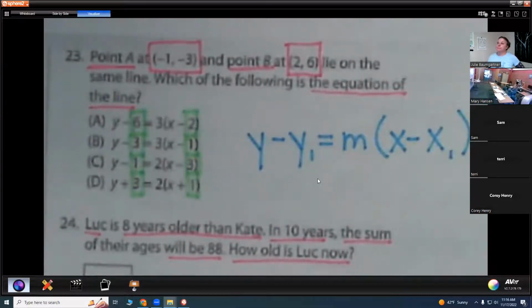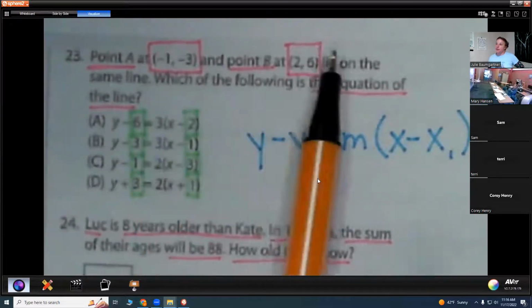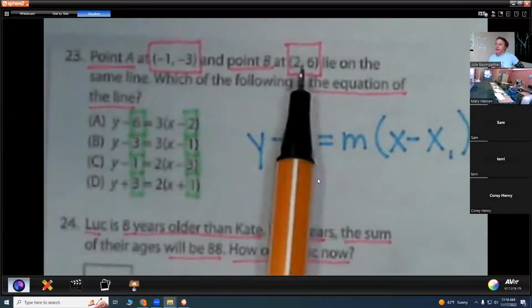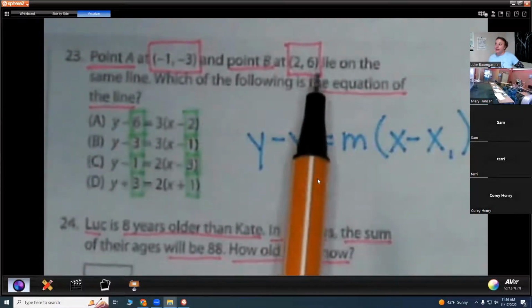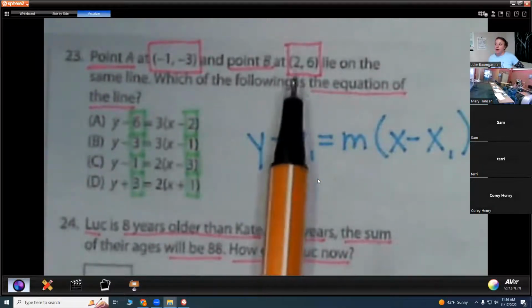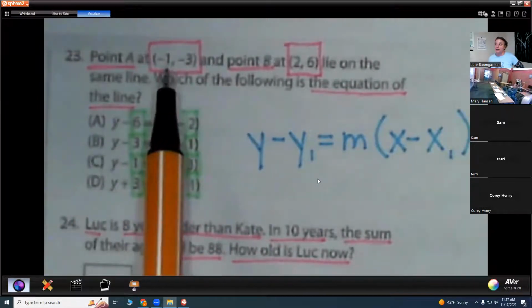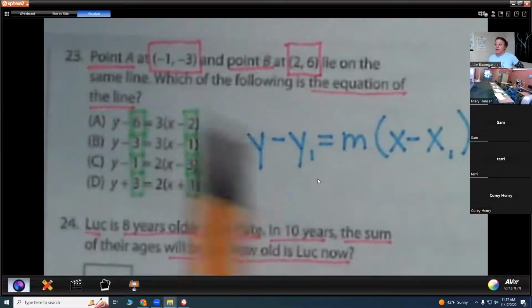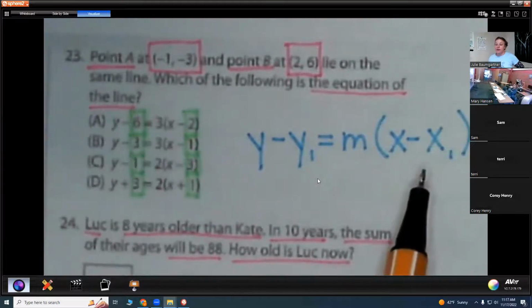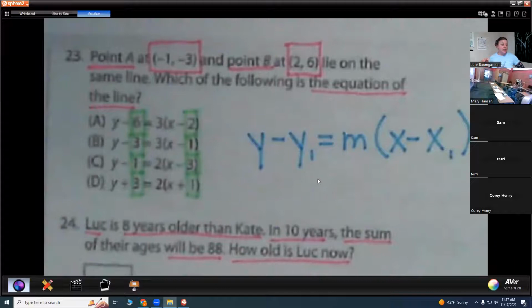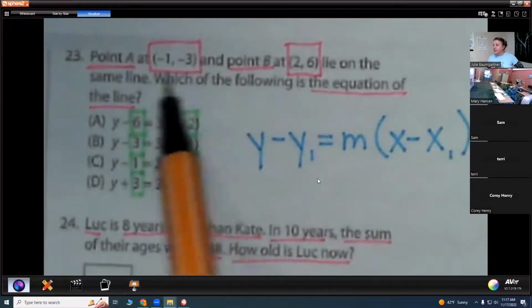So once again, I know that if these are points on the line, then potentially a 6 could go here for my Y1, a 2 could go here for my X1, or I could have a -3 here and a -1 here. Is there any of these equations that have either of these 2 points in them?